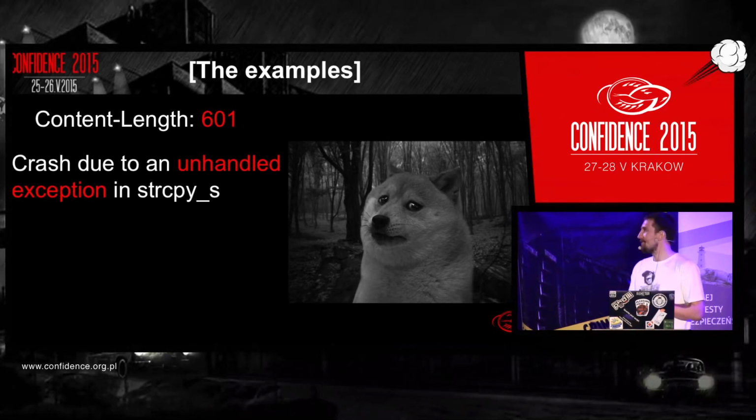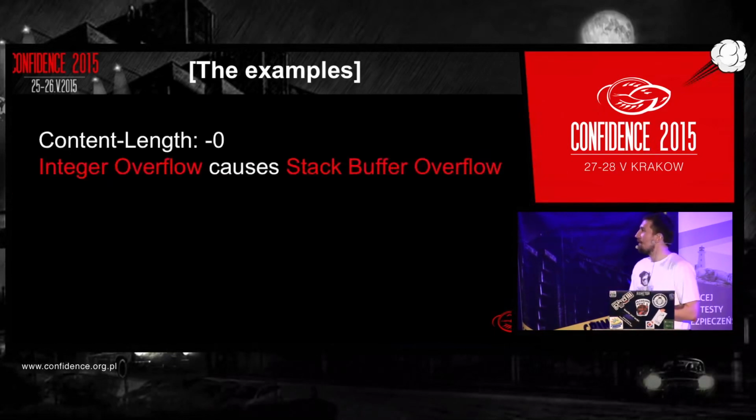So it's sad. The next bug is a bug with any negative value. It was found in one of the custom modules for a Microsoft IIS server. The bug causes an integer overflow vulnerability, which in turn causes a stack buffer overflow.